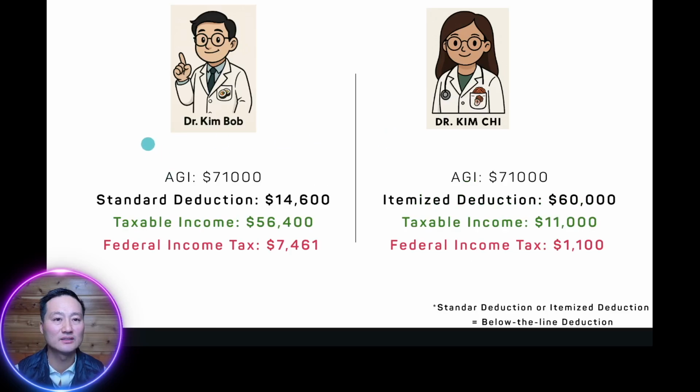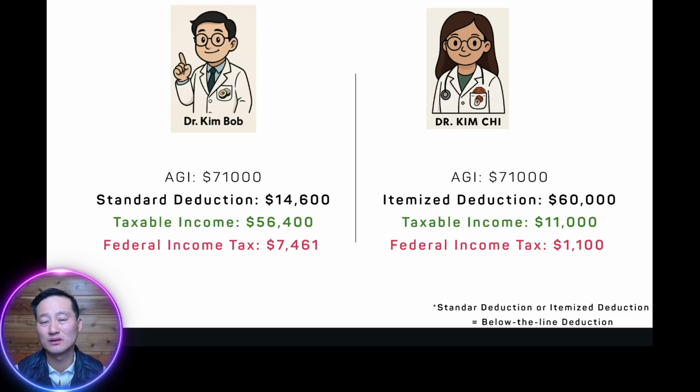Since Dr. Kimbap took the standard deduction, his taxable income came out to be $56,000, and his federal income tax bill was close to $7,500. Meanwhile, Dr. Kimchi was able to take $60,000 in itemized deduction, which reduced her taxable income to just $11,000.